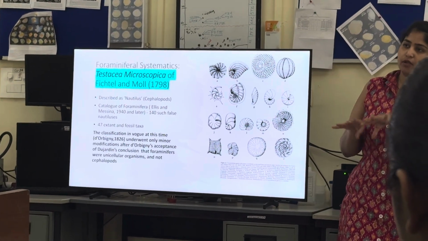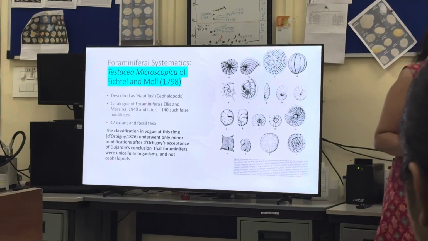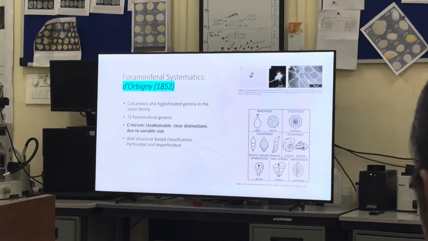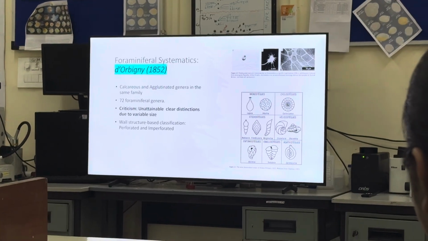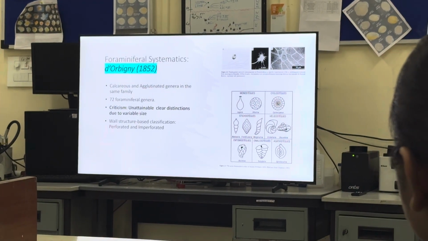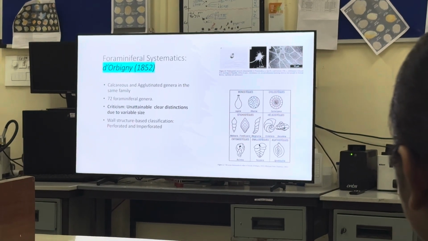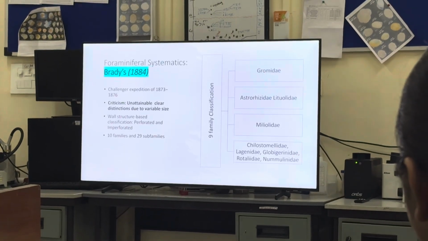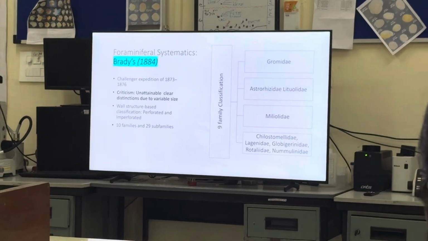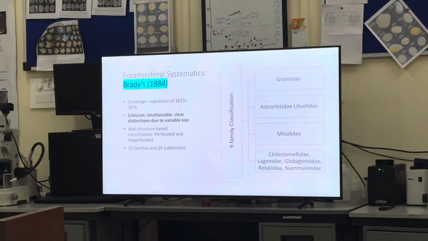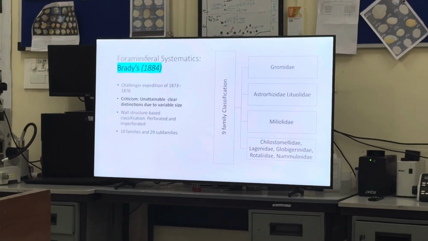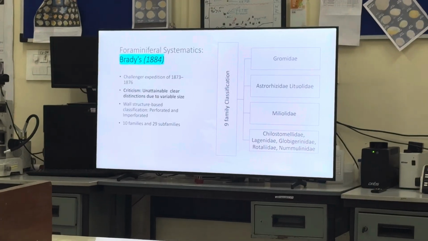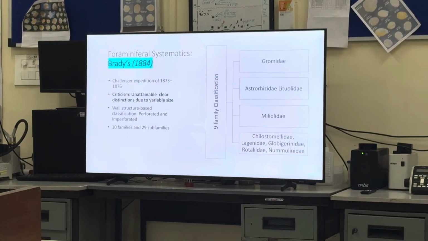Hence, because of the cellularity and difference in structure, they were reclassified into phylum foraminifera, which was coined by D'Orbigny in 1852. Okay. Then there was a different classification in which there were firstly 9 families: gromids, astrorhizids, miliolids, and then the other rotaliids, which were clubbed together.